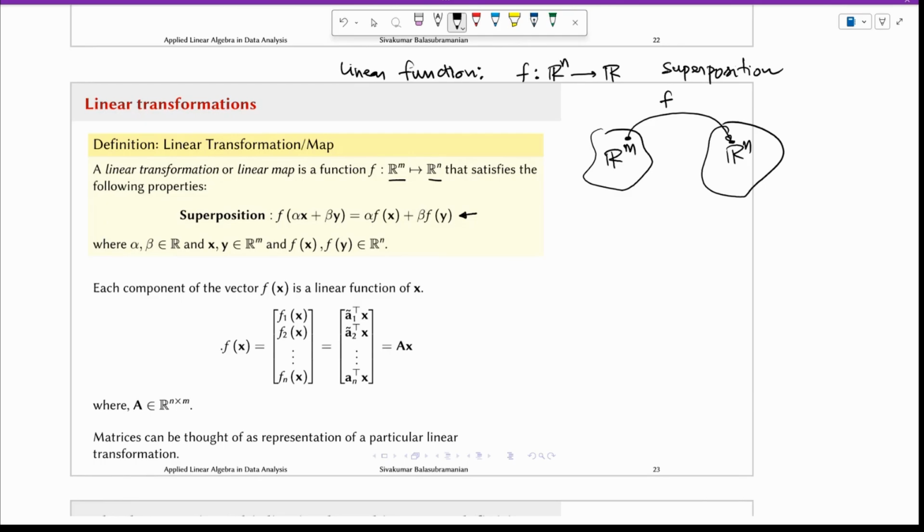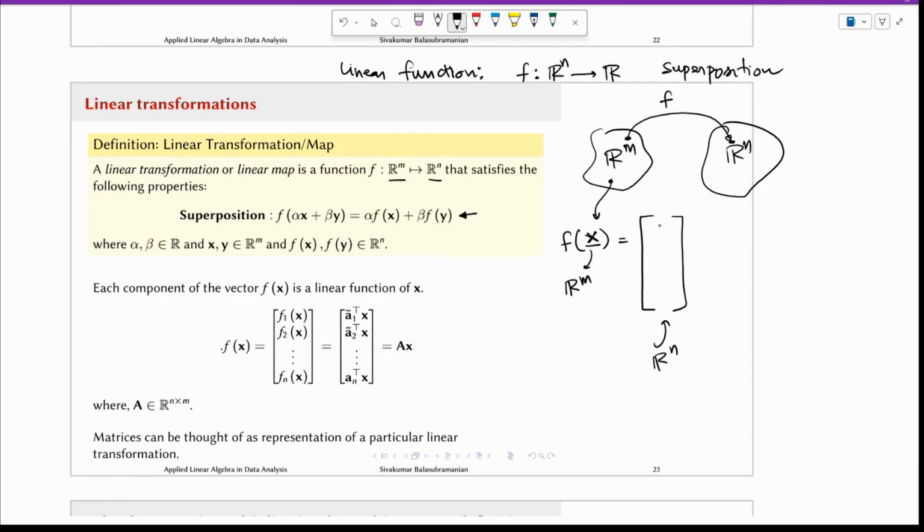So that means, for example, if I take an element from here, that will be a column vector X. And if I apply f of X, what I will get will be another column vector, except X was from Rm. The resulting column vector will be from Rn.